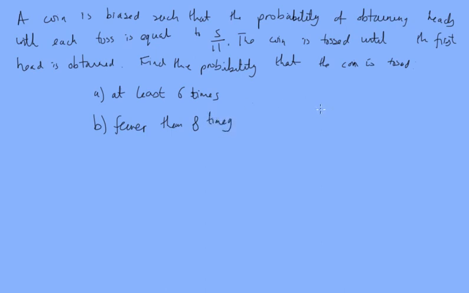So our q is 1 minus p, so that's going to be 6/11. So the probability at least 6 times, so X is going to be greater than or equal to 6, if we let X represent the number of times that the coin is tossed, so the probability is going to be the same as P of X greater than 5.